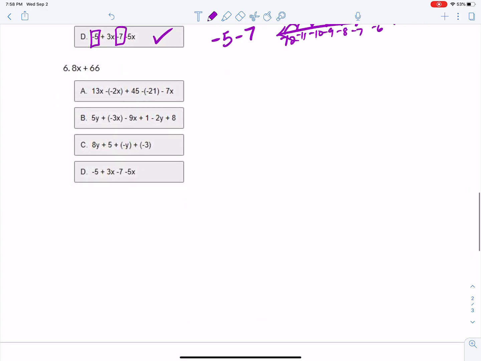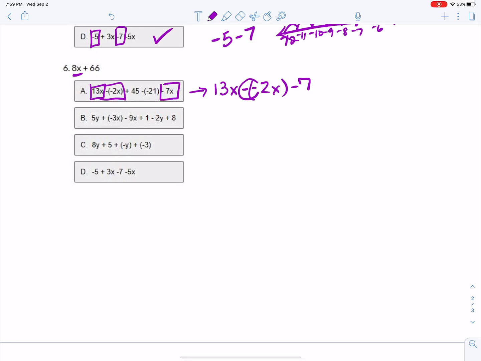Try number 6. Let's look for the x's this time. So if I take this x and combine it with this x and combine it with this x, I will get 13x minus negative 2x minus 7.